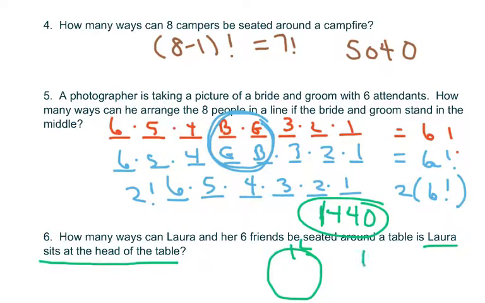So we have 6 other ways to go. It's treated as a linear permutation, which would be 720. If you want, since Laura counts 7, you could have done 7 minus 1. That still gives you 6 factorial. So either way you look at it, it's 720 ways.